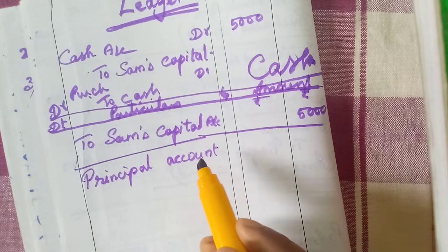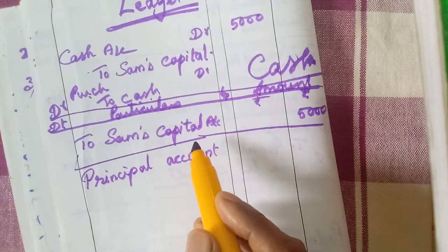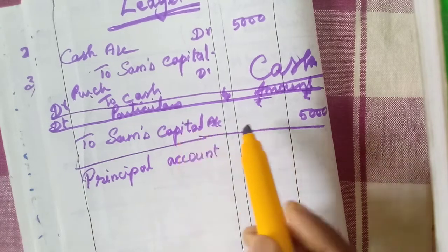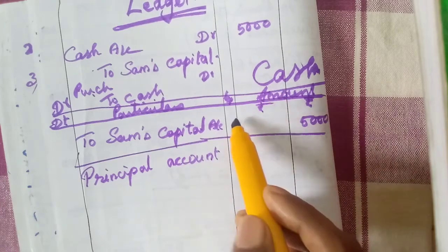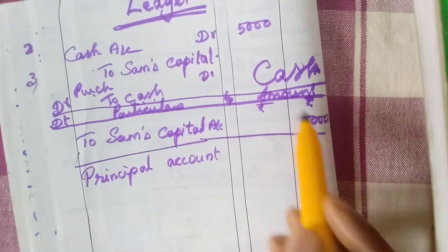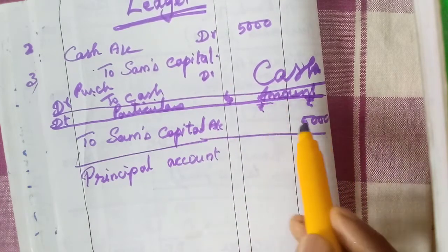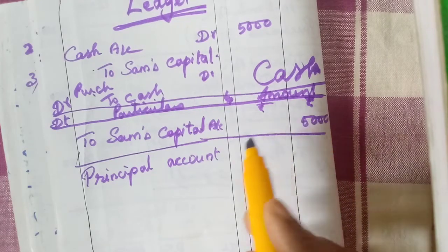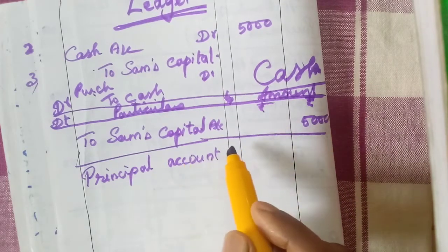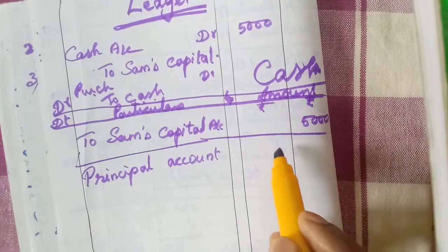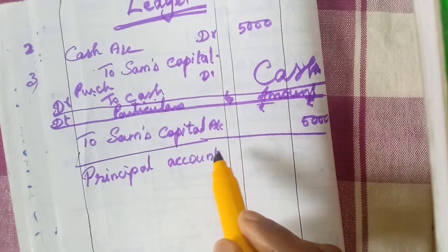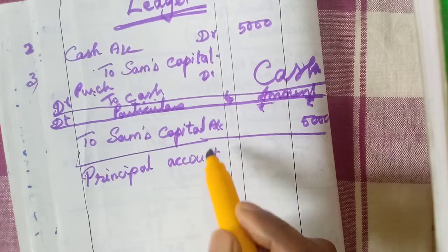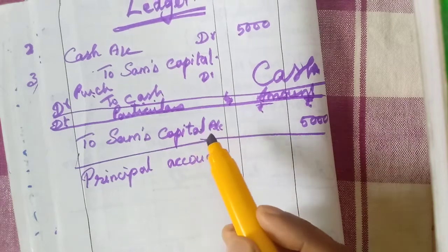All the summary of the transactions will be given. Here how much cash we have received, how much cash we have spent, we can see. Then at last we can see what is the balance in that account. That balance only will be taken to the trial balance. That we will learn after posting.